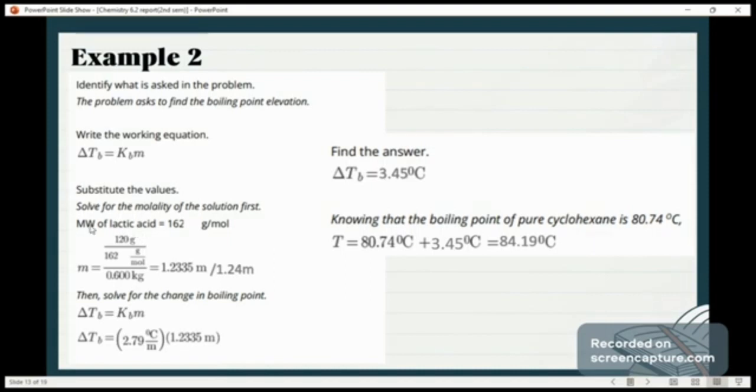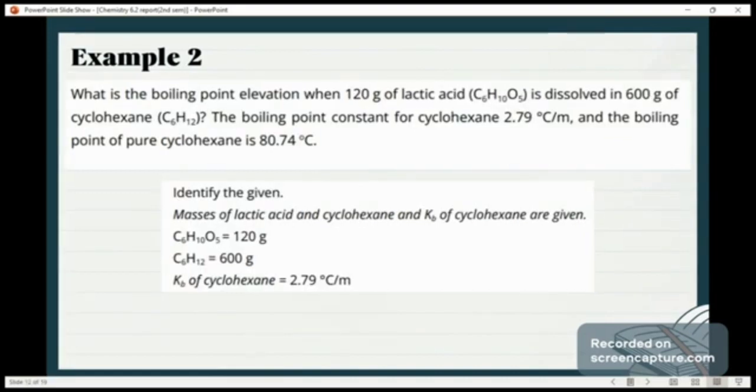Are you confused about where we get this 162 grams per mole? We get this by multiplying by the molar mass in the periodic table, as we see here, for the lactic acid and the cyclohexane. The lactic acid has C6H10O5 and the cyclohexane has C6H12.